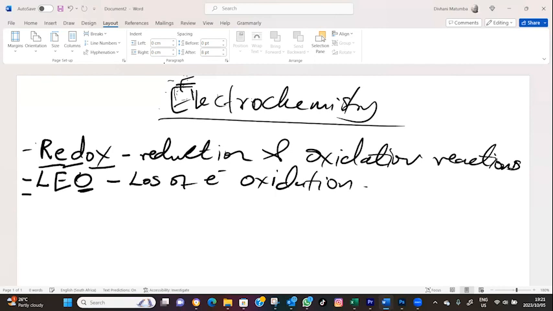To remember what oxidation is, we use the term LEO. And for reduction, GER: gain of electrons, that is reduction.